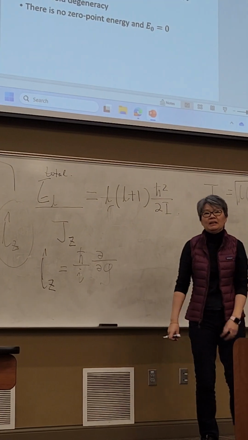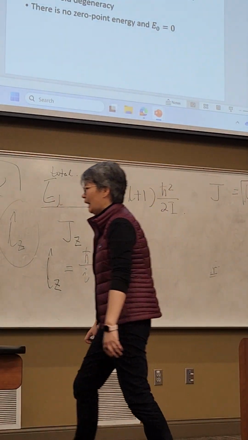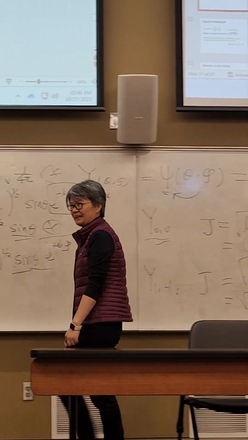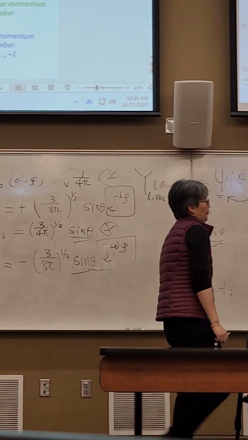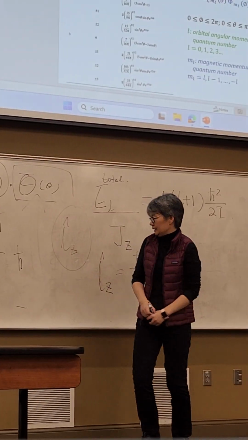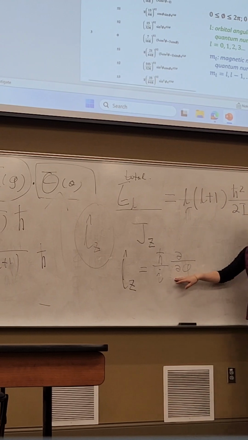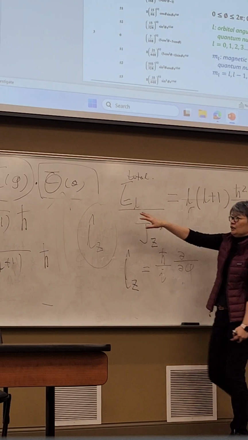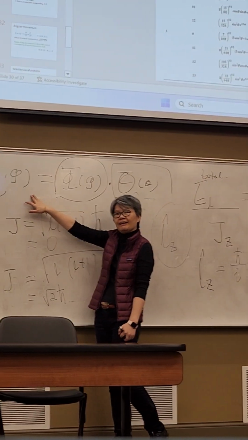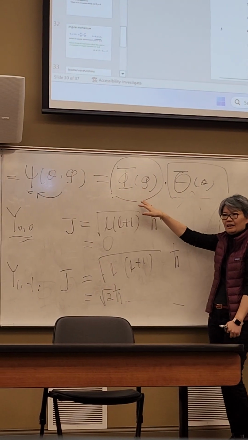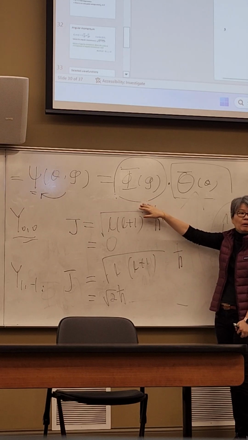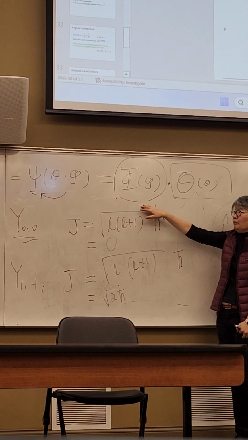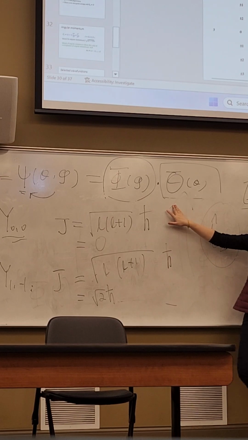I really wish somebody could tell me what would be the z component of the angular momentum. Now this only depends on the phi variable. The wave function for rotation on the sphere is a product of the component from rotation on the plane multiplied by the function related to theta.